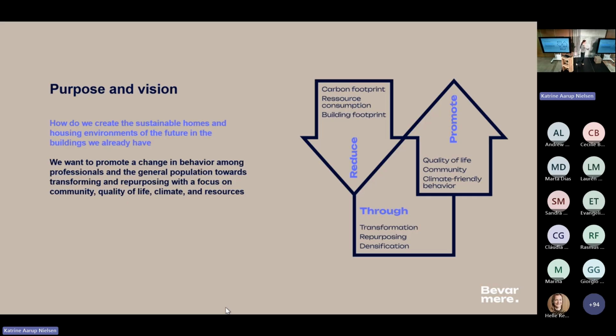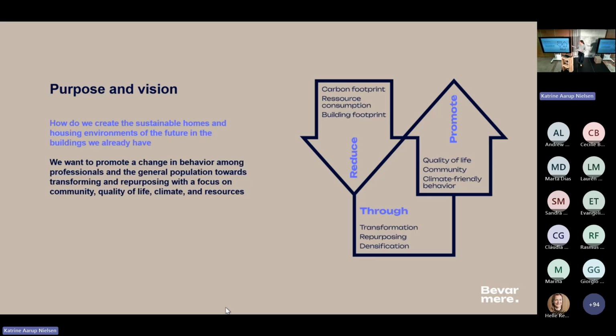But what I find especially nice about this initiative is that we're not only focusing on what we want to reduce and have less of, we're also talking about what are the gains when we actually transform and use the existing building stock. And there's a potential of actually promoting quality of life, community, and climate-friendly behavior.